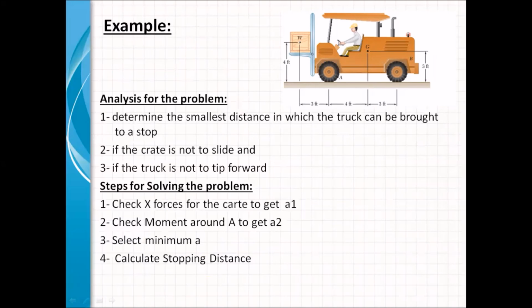To solve this one, we need to make sure that this crate is stable against horizontal force, that it is not going to slide, and it's not going to tip over. After that we get the minimum acceleration, then we calculate the stopping distance.